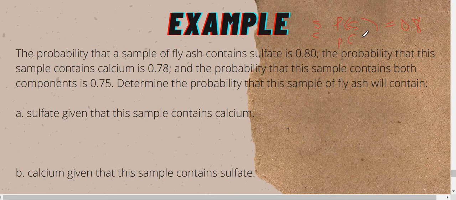The probability for calcium is 0.78. And the probability for both, meaning intersection, so P(S intersect C), or C intersect S. It doesn't matter which you write first, it still gives the same probability, which is 0.75.